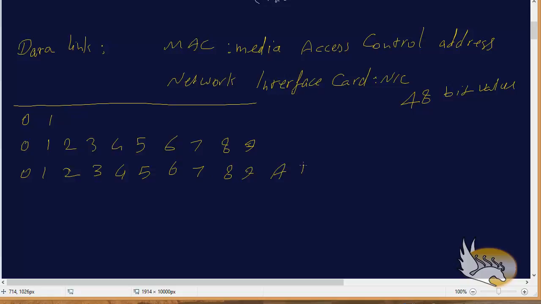And we have 11, 12, 13, 14, and 15. Oh my God. We have 16 different values. You do not read this A, B, C, D, E, F. You read this 10, 11, 12, 13, 14, 15. So we are talking hexadecimal in this format.